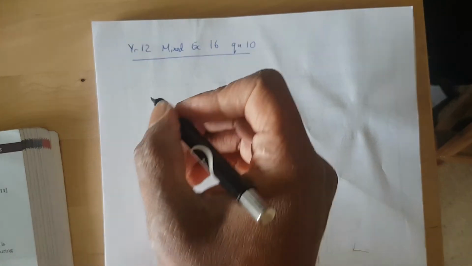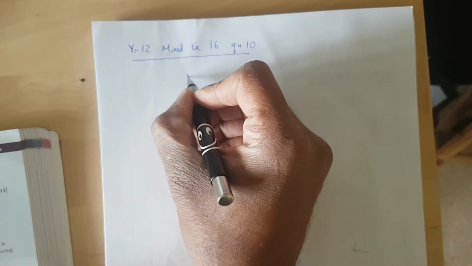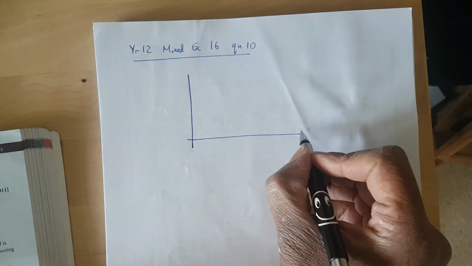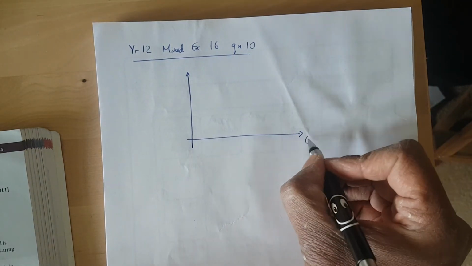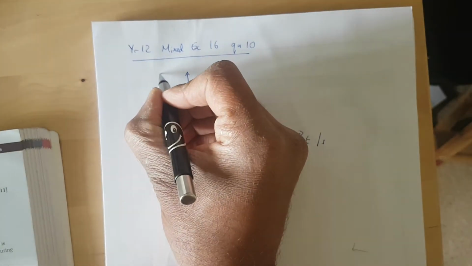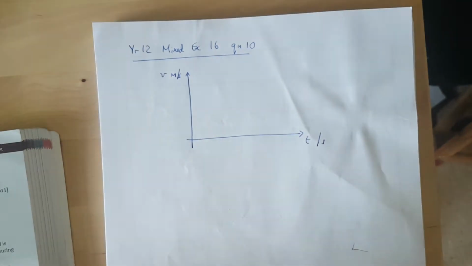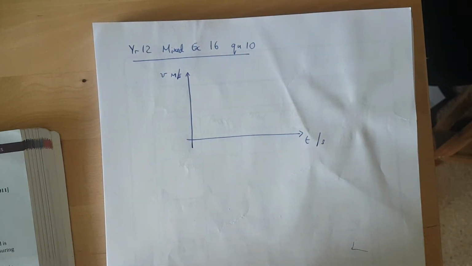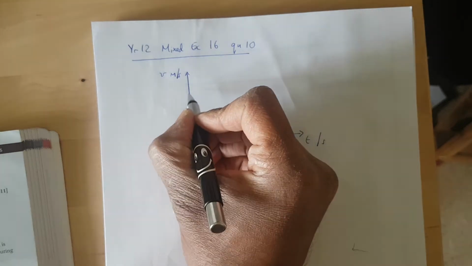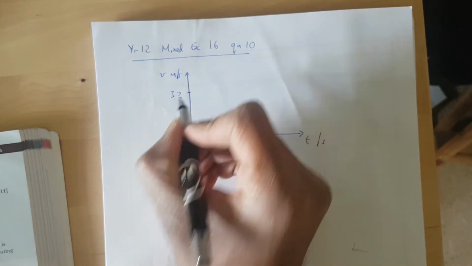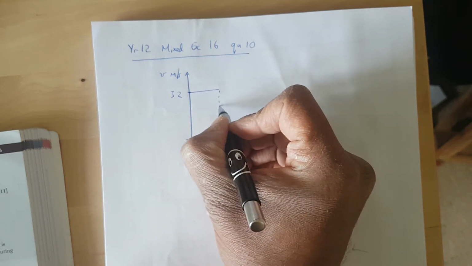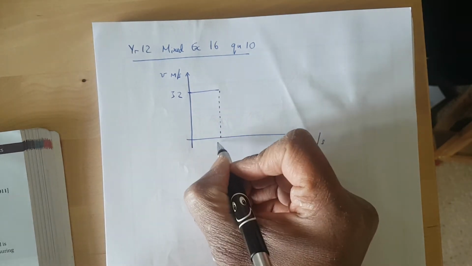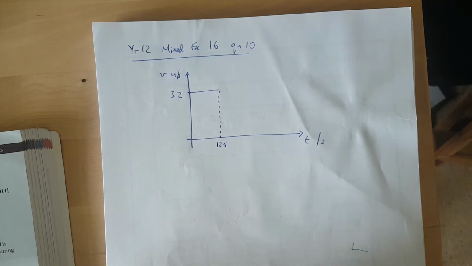So our speed time graph is going to look something like this. Time across the bottom, of course, in seconds, and speed in meters per second. We start then at 32 meters a second up here, and it stays at 32 until I get to 12.5 seconds.